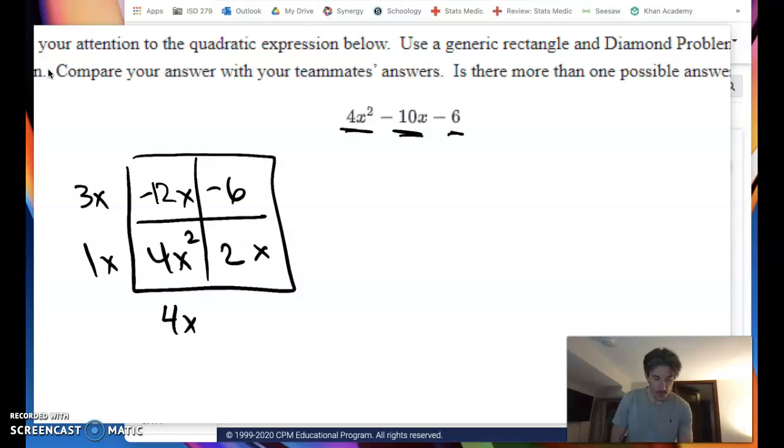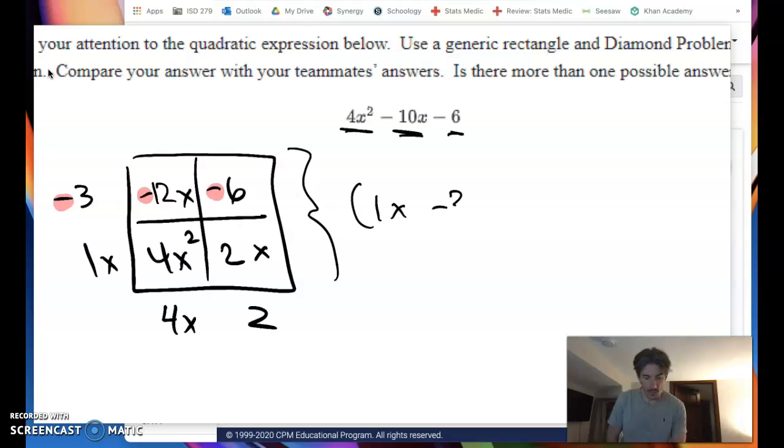So 3, oops, not an x, sorry, 3 and 2, and now, of course, 3 and 2 makes 6, 1 and 2 makes 2x, and 4x and 3 make 12x, but the 3's got to be negative because I recognize this row is full of negatives, so that means this 3's got to be negative. So how could I go ahead and rewrite that? 1x minus 3, and then 4x plus 2.